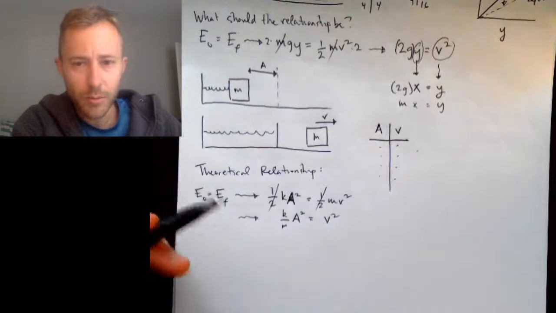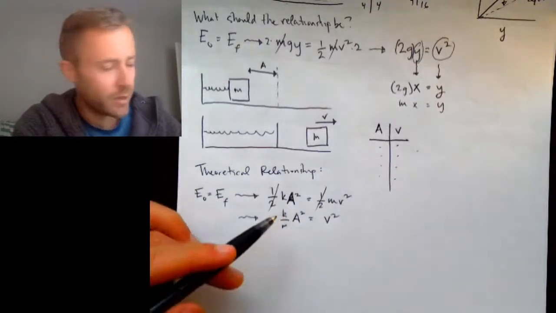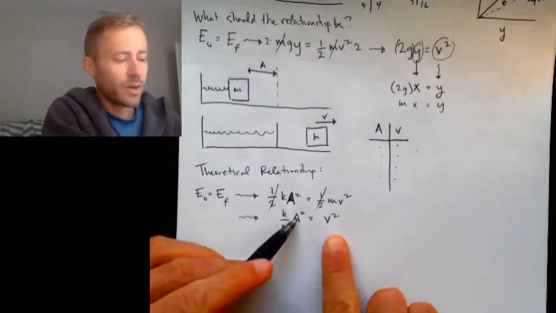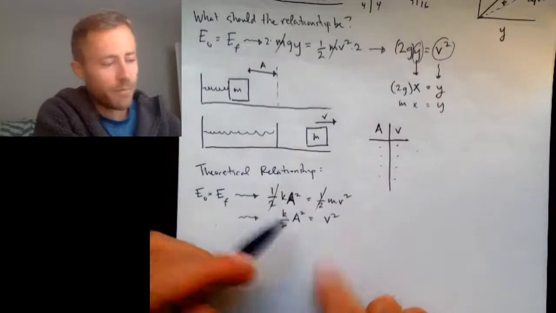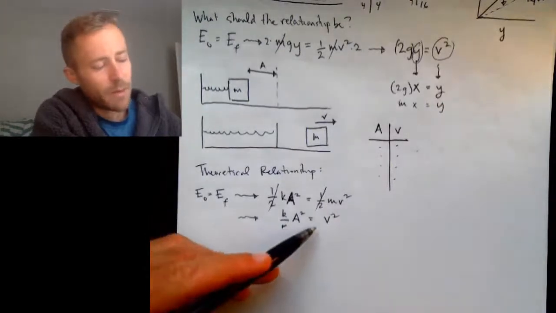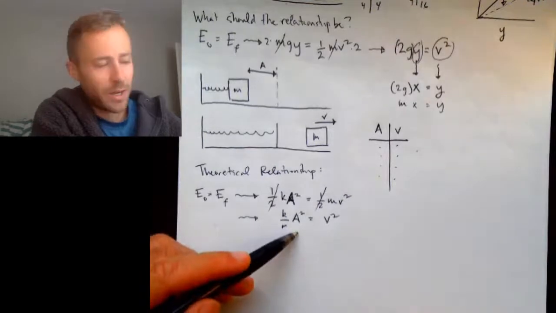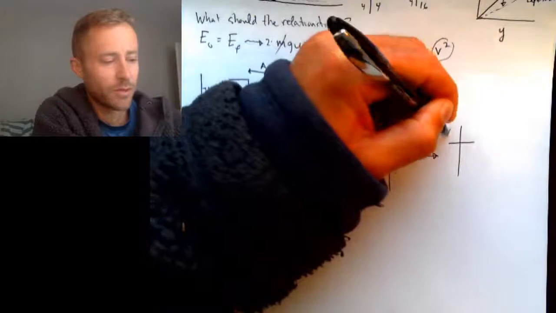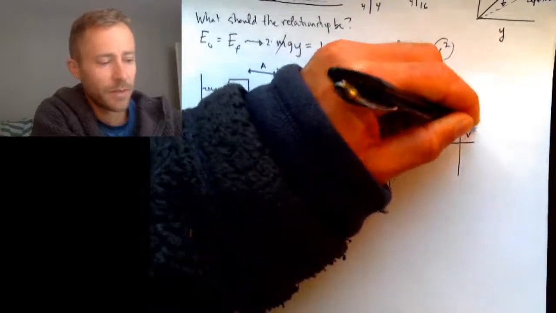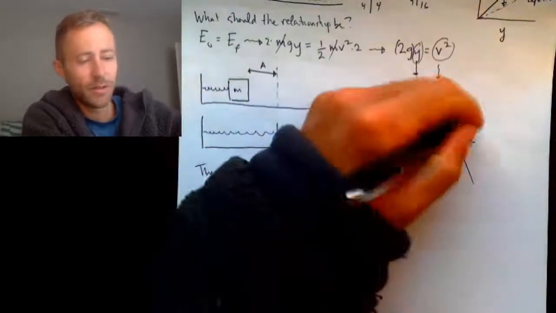So at this point, we could just leave it as is, but notice how v squared and a squared appear in this equation. So that would mean that if I wanted to graph this, I would have to transform my data table into a v squared versus a squared data table. Okay? But I'm too lazy to do that, so I'm not going to do that.